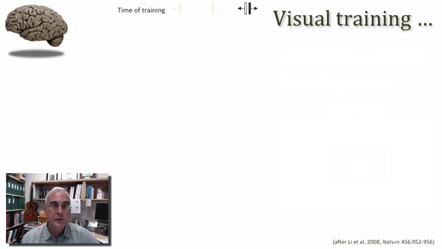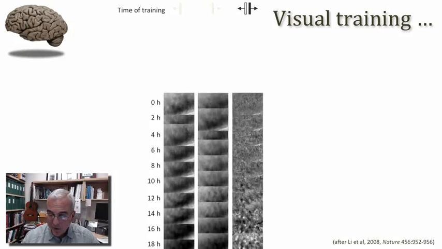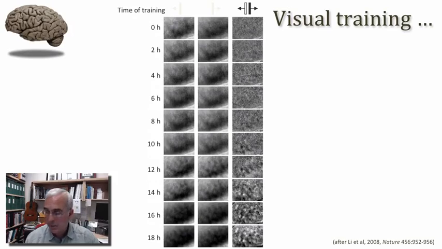And indeed, as we looked over an experiment that lasted about a day, what we saw is that after about 8 to 10 hours of visual training, we began to see the emergence of structure in our selectivity maps for direction. Indeed, we begin to see the emergence of these light and dark domains that are beginning to take shape in a fairly robust way after about 12 hours of visual training.